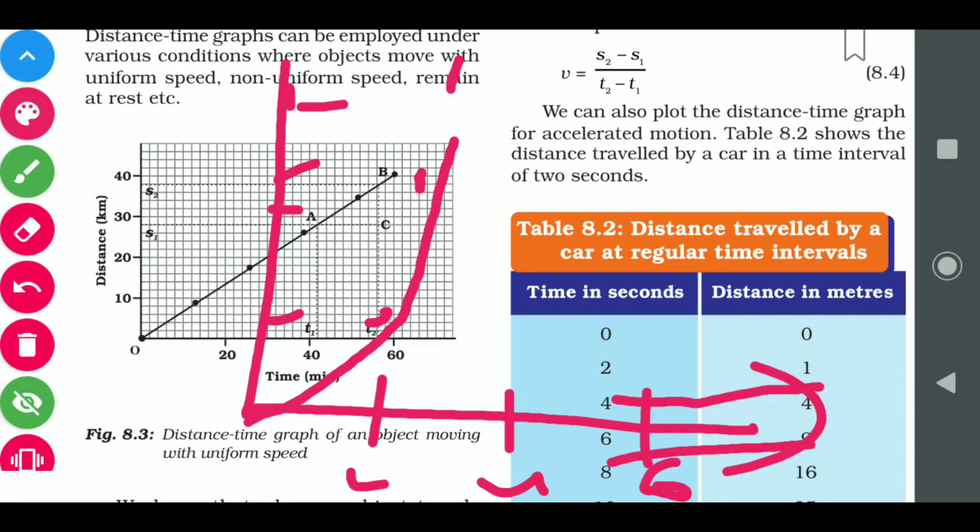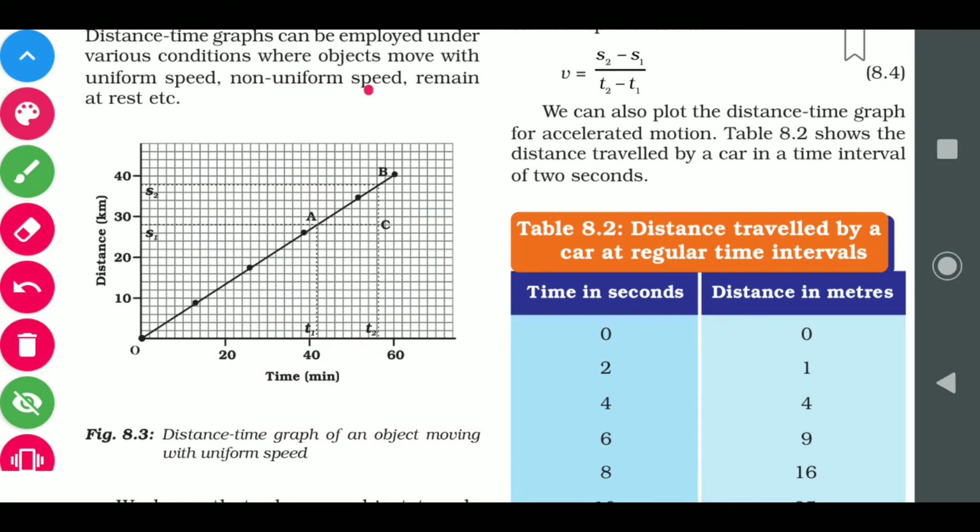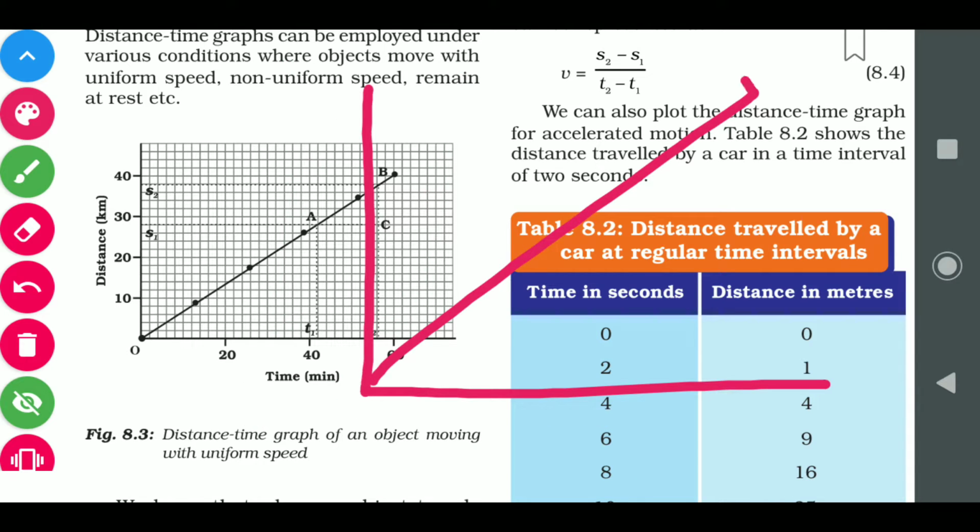When we join these points, we get a non-linear graph. So this is the difference: when velocity is uniform, we get a linear graph, and when velocity is non-uniform, we get a non-linear graph. This is about the distance-time graph.